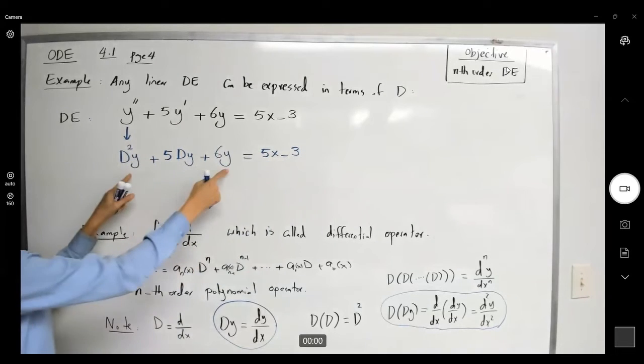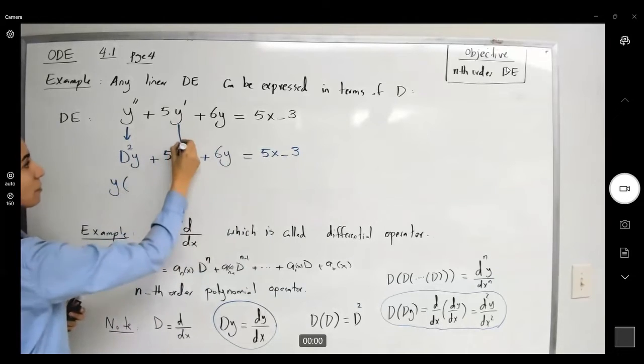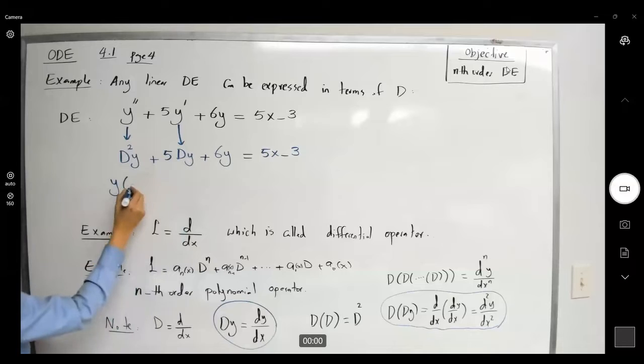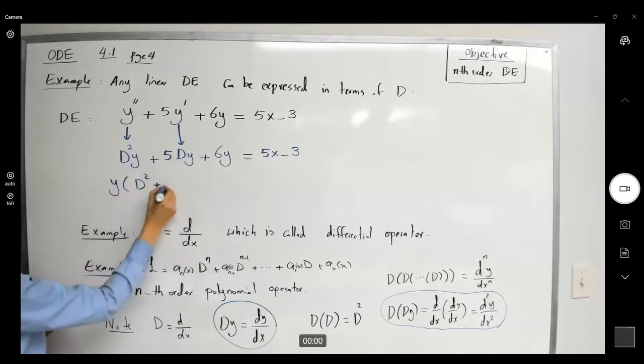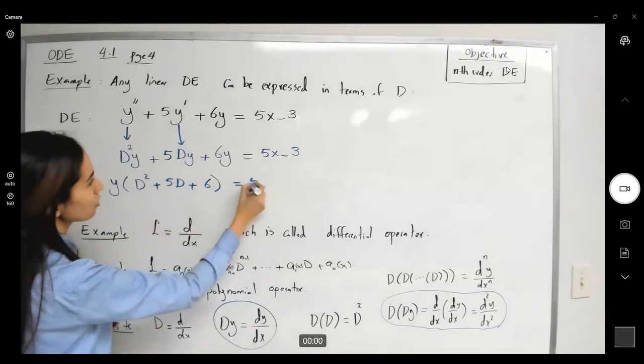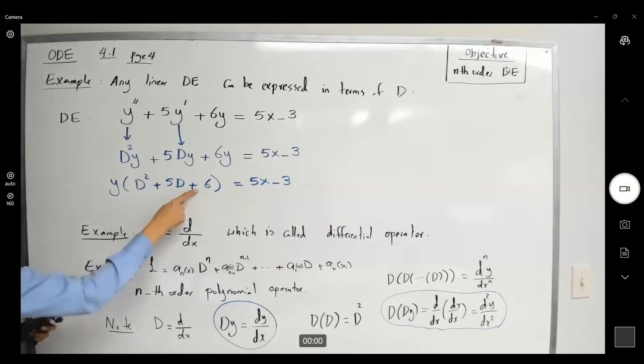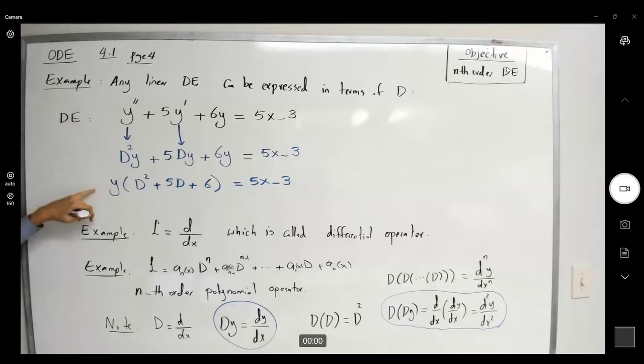Well, here if you factor out y, what's left is D squared plus 5D plus 6 equals 5x minus 3. We're going to talk about this guy later. Let's just for now learn how to convert your differential equation using the differential operator.